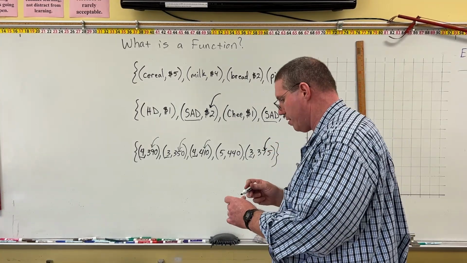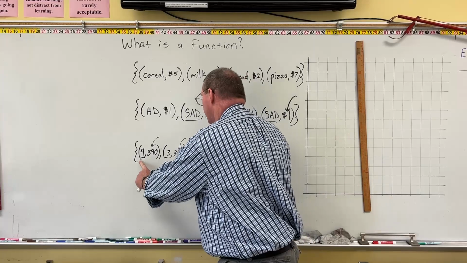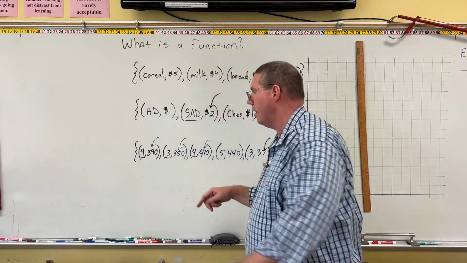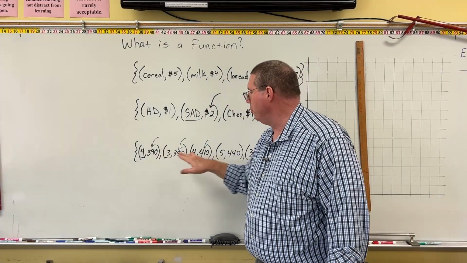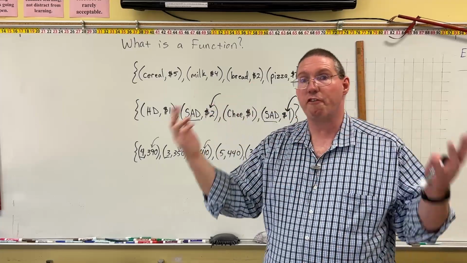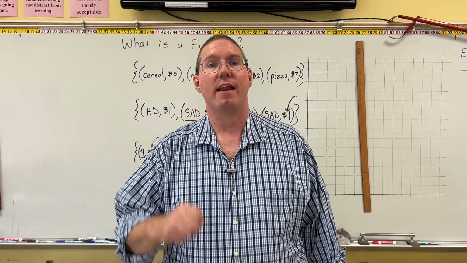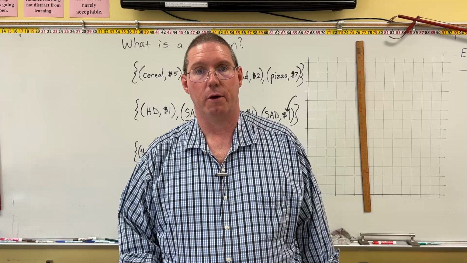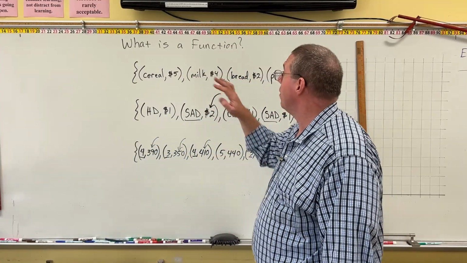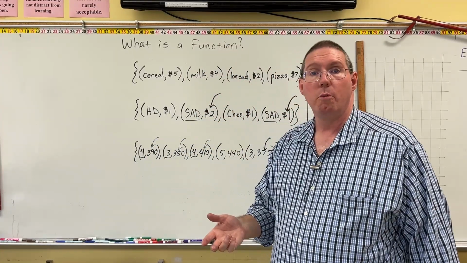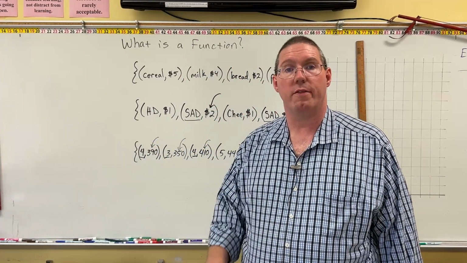And because the same input does not have the same output, that means we have 2 different outputs for the same input. So that is not a function, okay? And so this is the idea of what is a function. And we'll explore this just a little bit more in the next video.